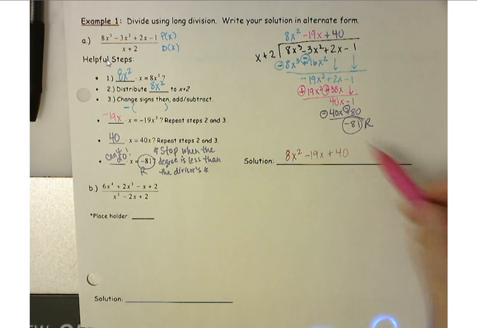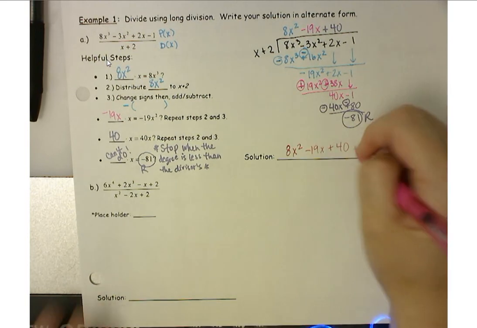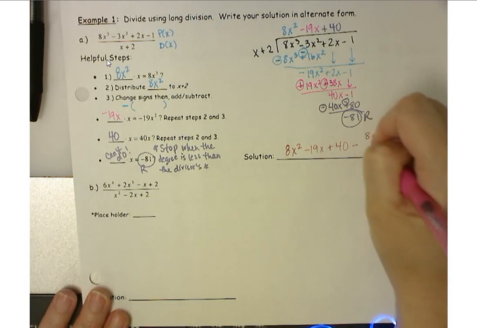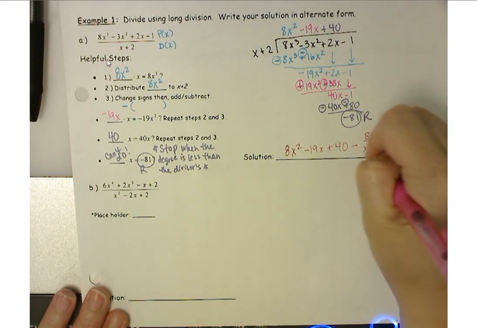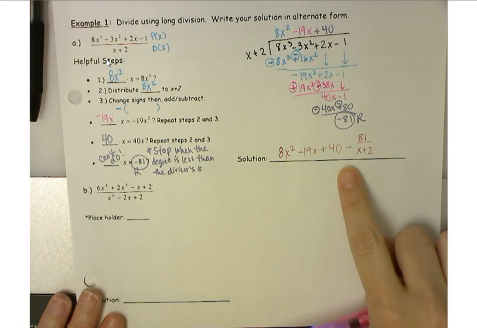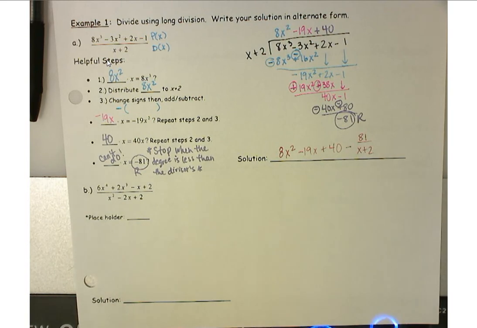And then, because it's negative, I can put minus here. And then it would be 81 over the divisor, which is x plus 2. Okay, you could also do plus and then put the negative with the 81. That's fine. Okay, but that is going to be your final solution. Okay, questions for me on example 1?